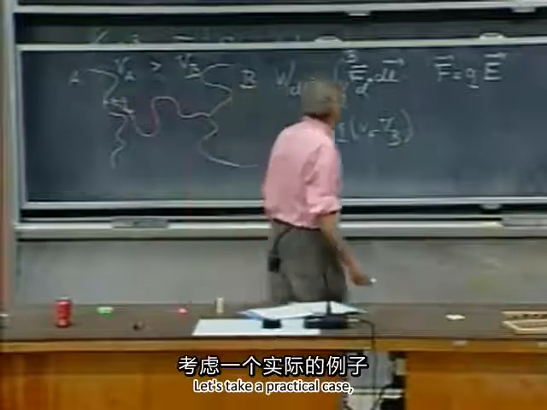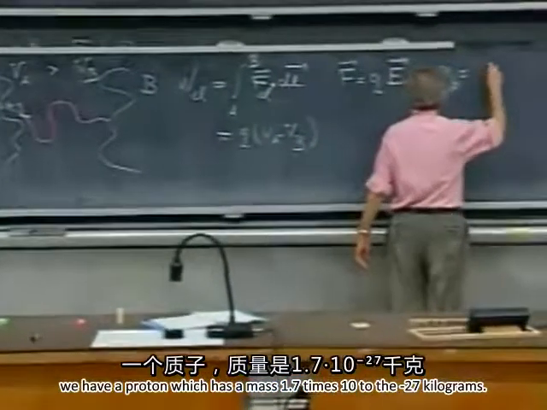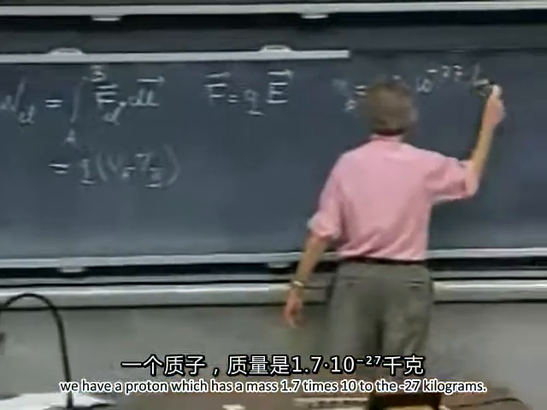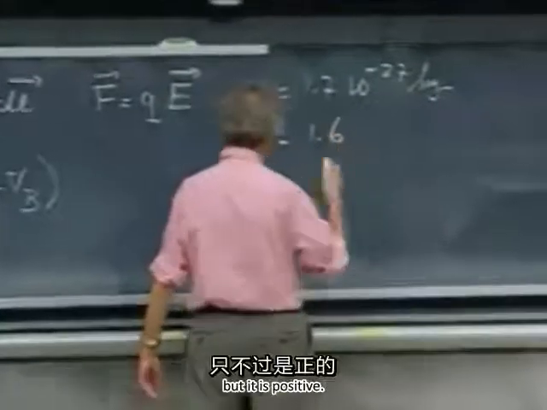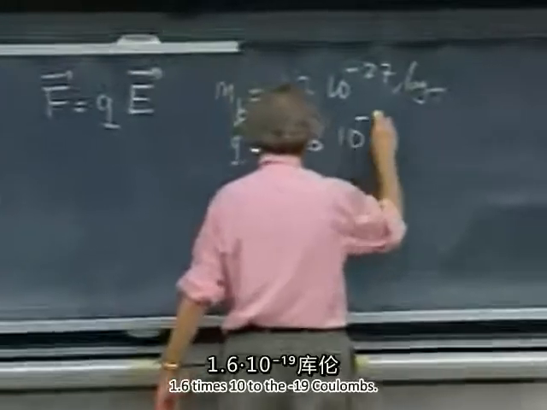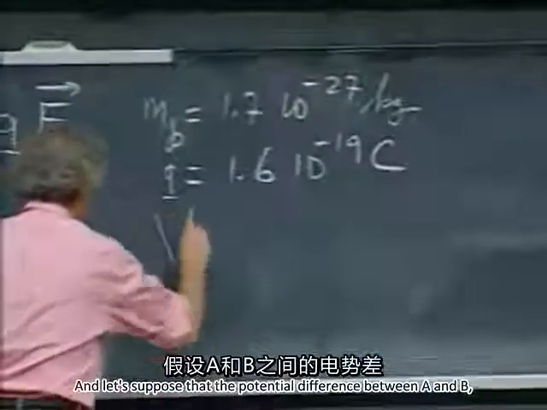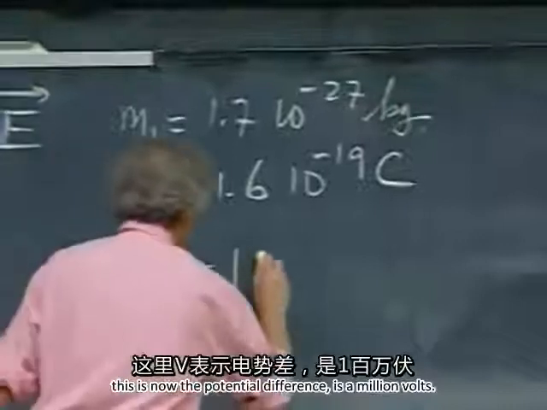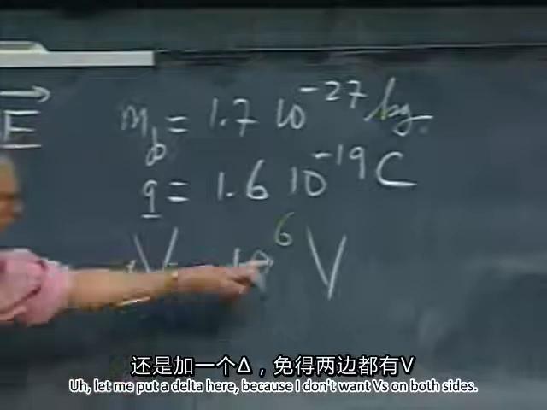Let's take a practical case. We have a proton which has a mass 1.7 times 10 to the minus 27 kilogram. The charge of the proton is the same as that of the electron, but it is positive, 1.6 times 10 to the minus 19 coulomb. And let's suppose that the potential difference between A and B is 1,000,000 volts. Let me put a delta here, because I don't want V's on both sides.